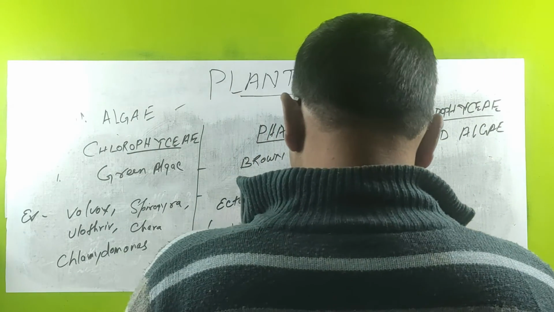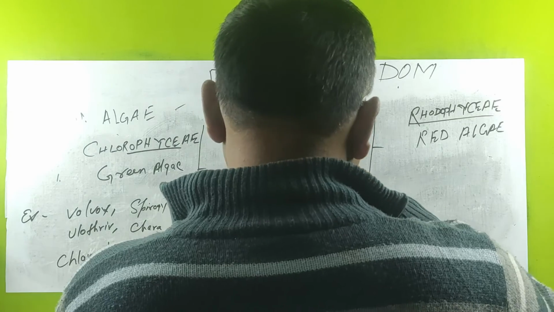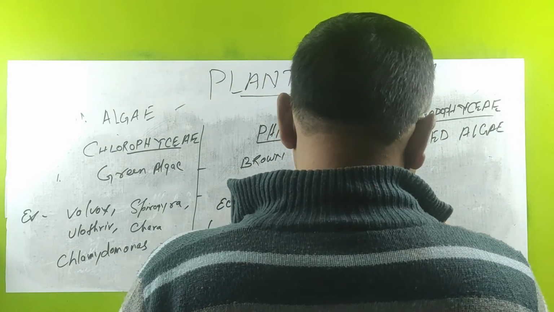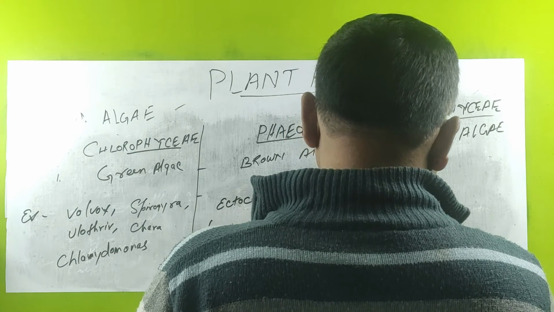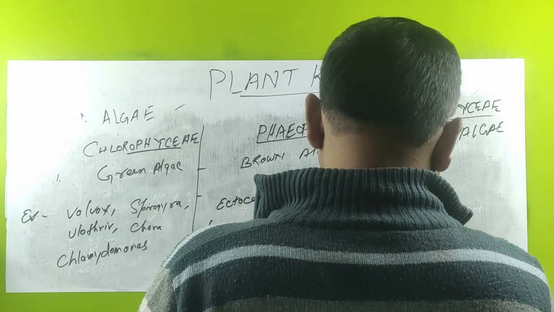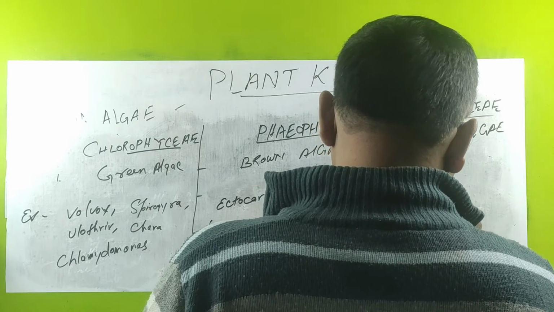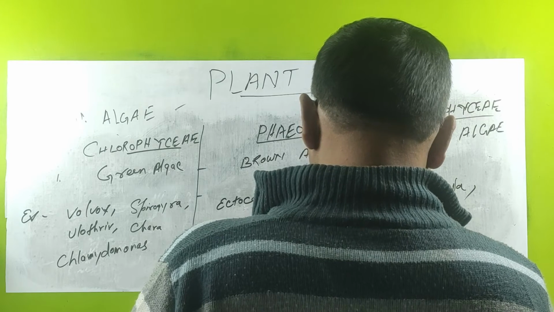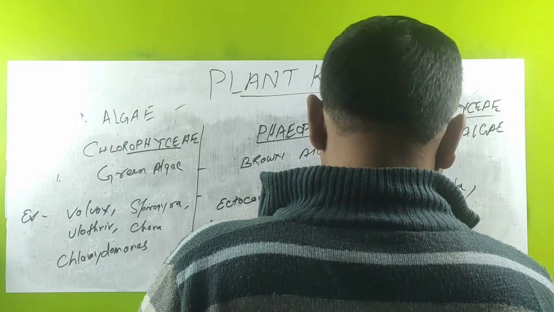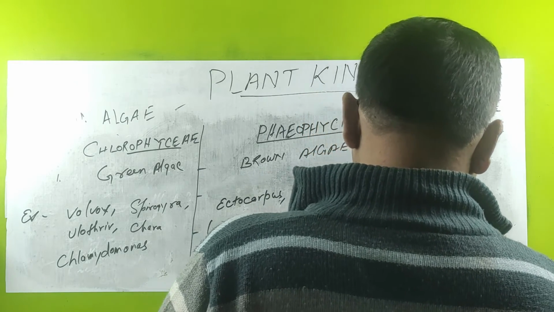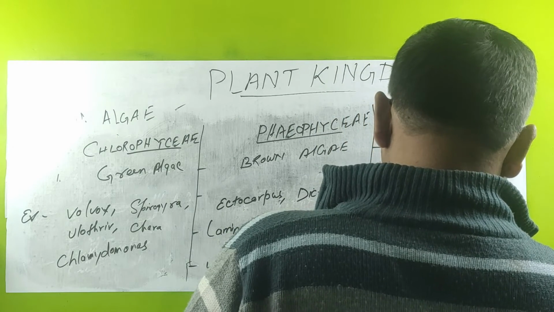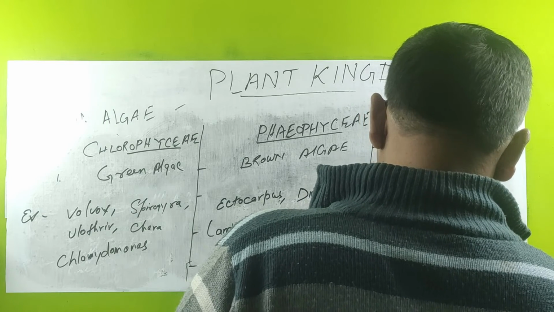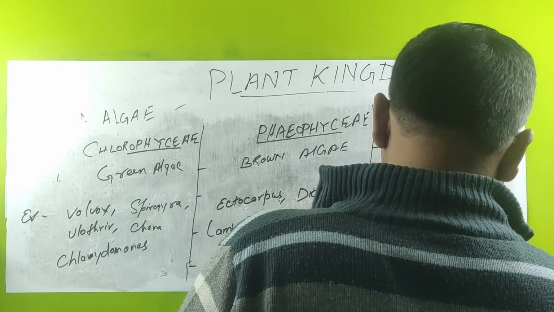And in red algae, examples are Polysiphonia, Porphyra, Gracilaria and Gelidium.